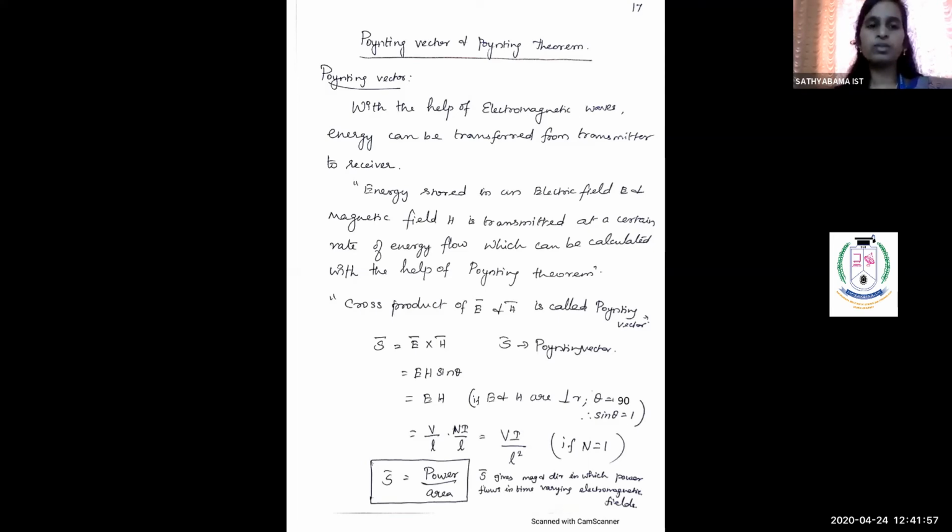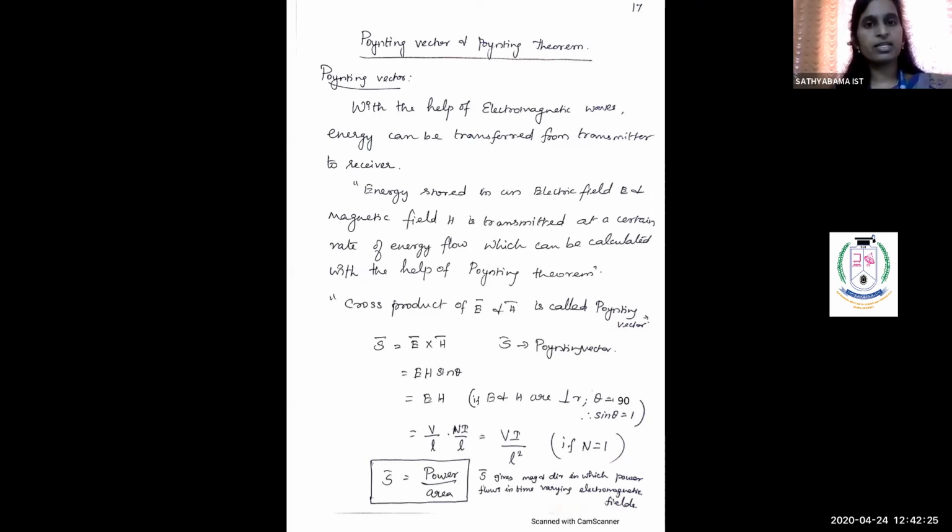So we have one more term which is called the Poynting vector. What is this Poynting vector? Our electric field E and magnetic field H, we are going to find the cross product of these two terms, which is going to be our Poynting vector. So S vector is equal to E vector cross H vector. What is E vector? It is nothing but your electric field. What is H vector? It is nothing but your magnetic field.